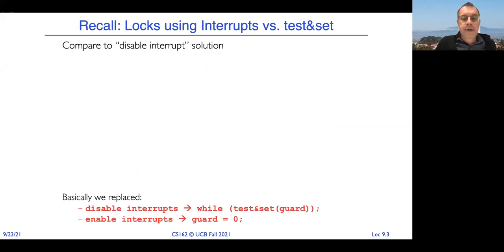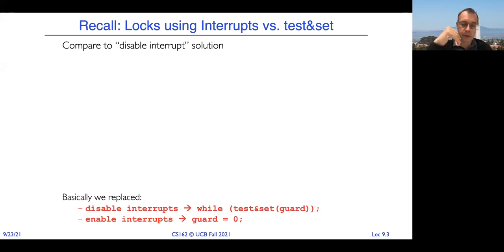Okay, so now we've seen two implementations of acquire and release locks: one using interrupts and the other using test and set. This shows you that the logic is very similar.